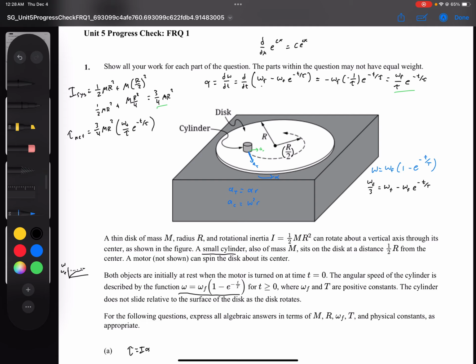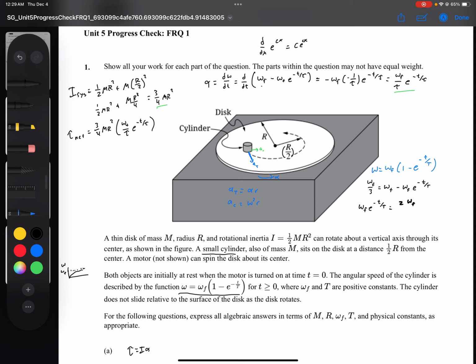Actually, it makes more sense to write it out like this. I'm going to do multiple algebra steps at the same time for the sake of time. I don't want to spend too much time on this. So I have omega f times e to the negative t over capital T is equal to omega f minus omega f over 3, and that basically becomes 2 times omega f over 3.